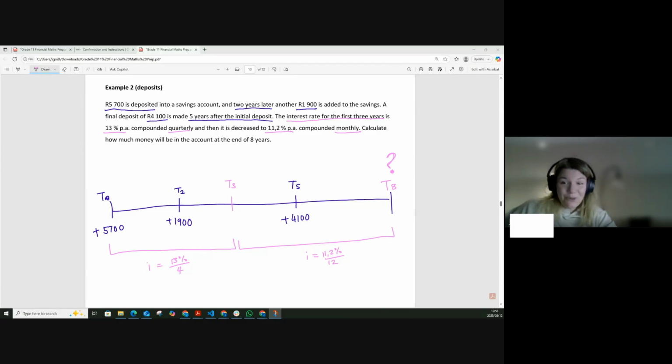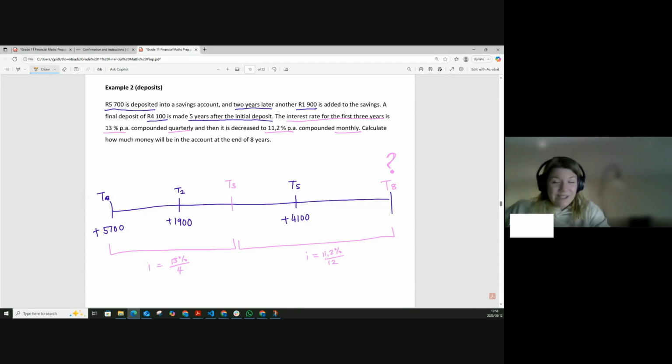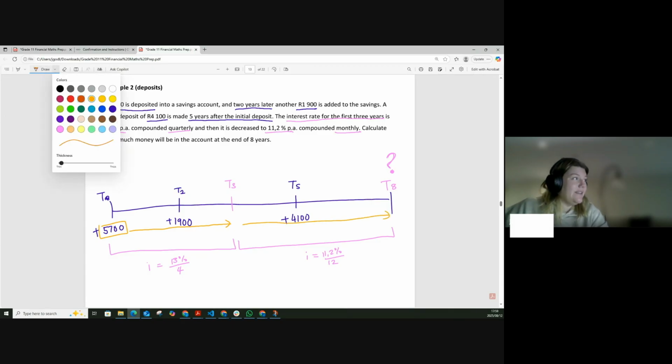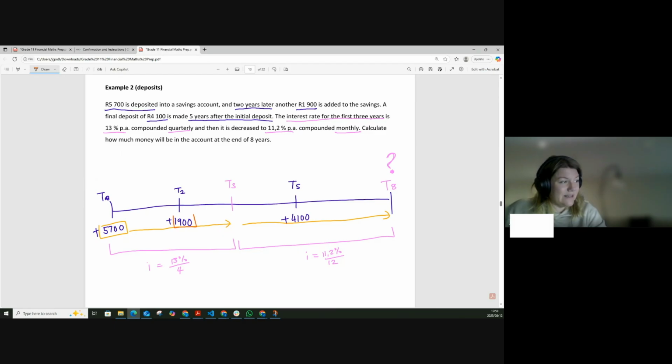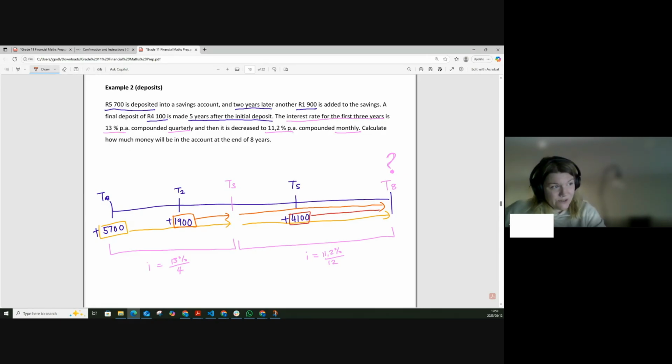I'm going to give you a little bit of guidance just so that you don't feel completely lost in this. Work each of these as separate journeys. So look at the 5,700 Rand and look at its journey. So think about its interest rate. Then think of the 1,900 Rand and think of its journey. And then think of the 4,100 Rand and think of its journey. That's my advice. Don't try and bring them all in.